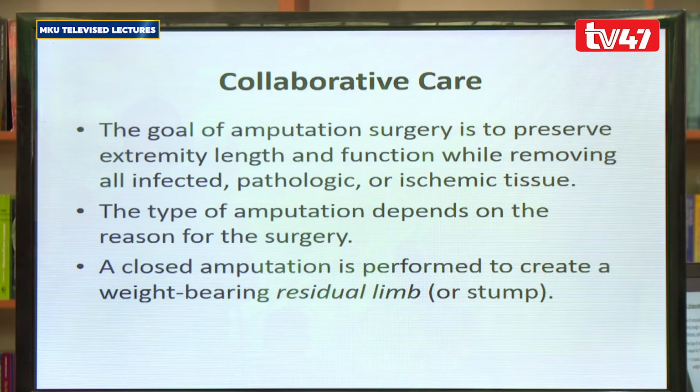This is one of the key important areas that we should consider before we do the amputation. That even after the amputation, with rehabilitation, the limb can be able to carry some weight when we put the prosthesis for this patient, and the patient will be able to function near normal.